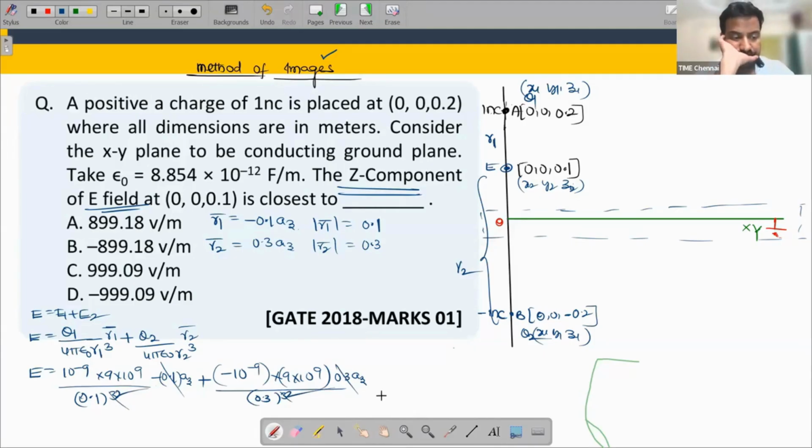So E is equal to, this fellow gets cancelled off, minus 9 AZ by 1 by 10 whole square. It's a minus here, remember.